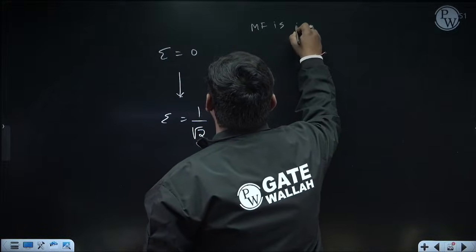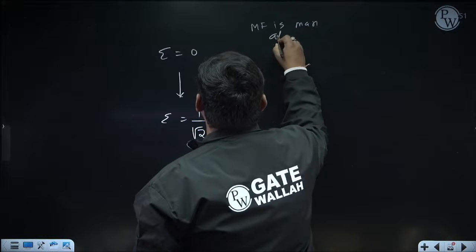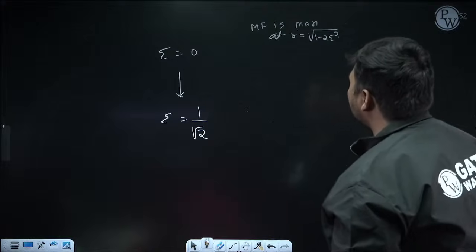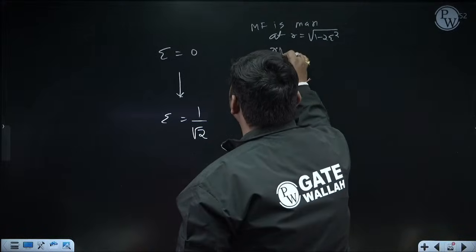MF is maximum at R equal to root 1 minus 2 zeta square. But in this equation, put zeta equal to 0, you will get R equal to 1. That we already know.